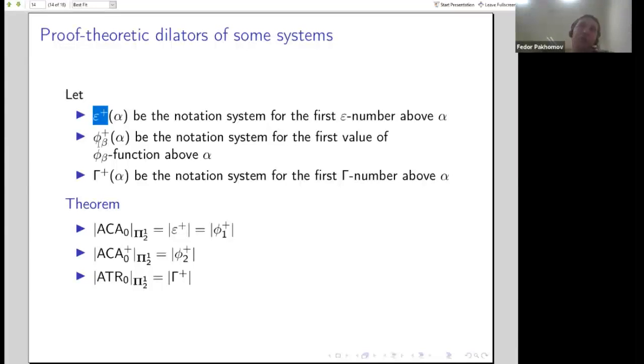And this is of course further generalized by more powerful Veblen functions. So phi2 enumerates fixed points of function phi1, phi3 enumerates fixed points of phi2, and so on.